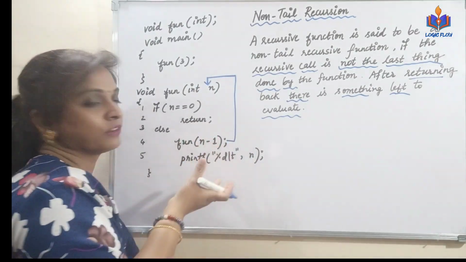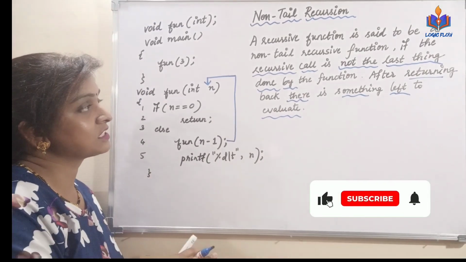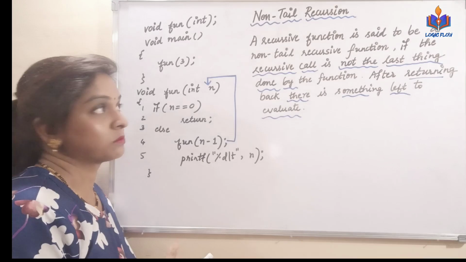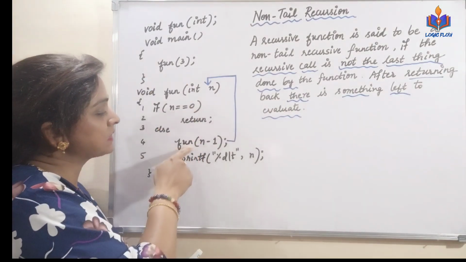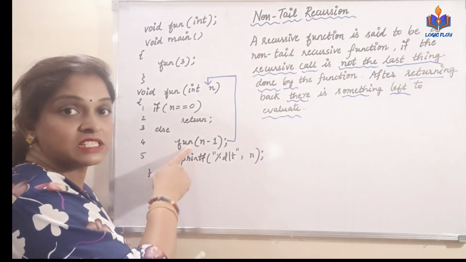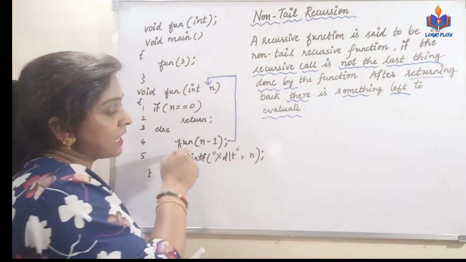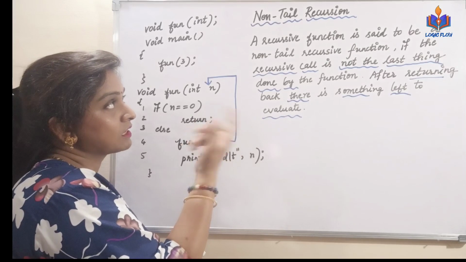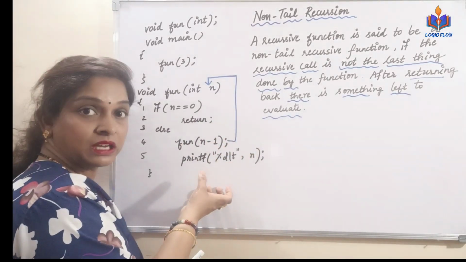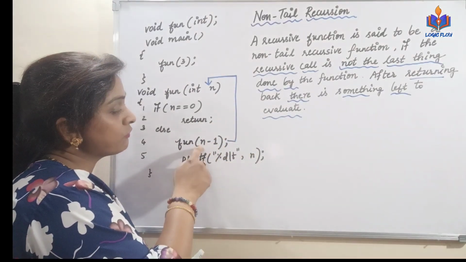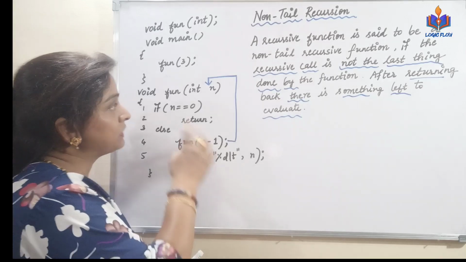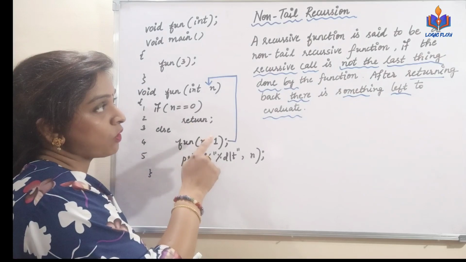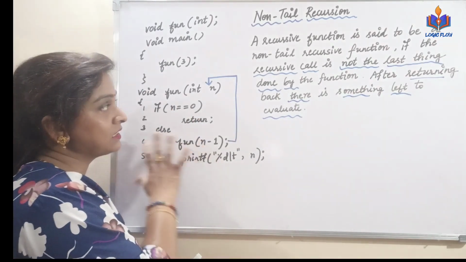And what type of function call is it? Is it direct or indirect recursive? It is direct recursion, because the same function is calling the same function. Right, so it is direct recursion. In this direct recursion, what type of recursive function do we have? We have non-tail, because the recursive call is not the last thing to be done in this function.